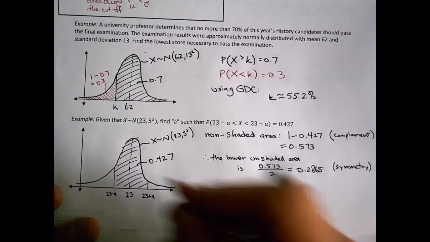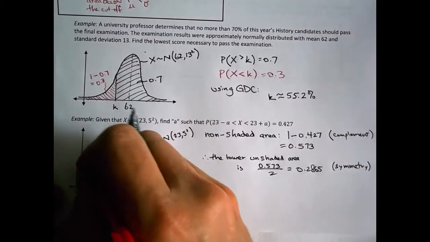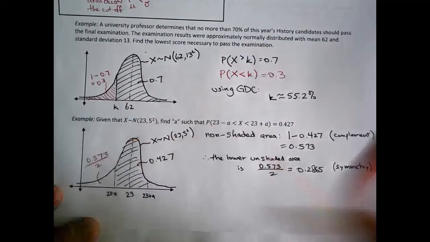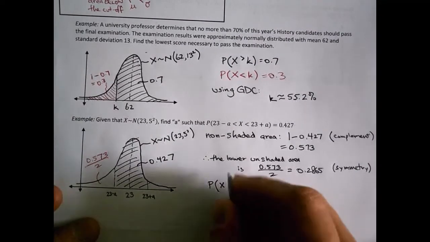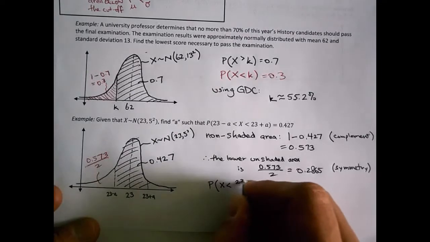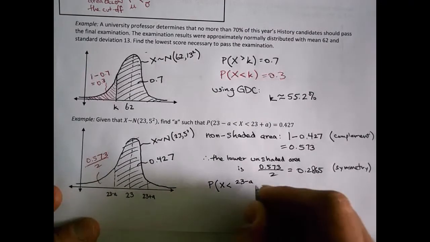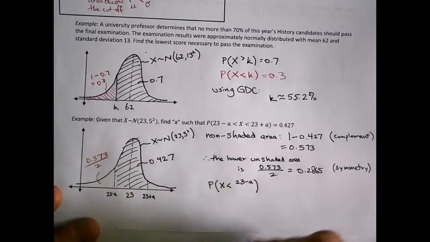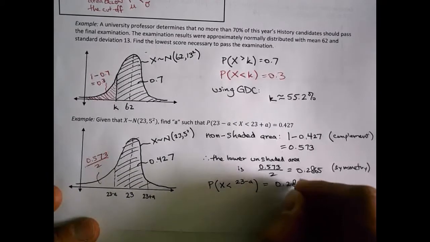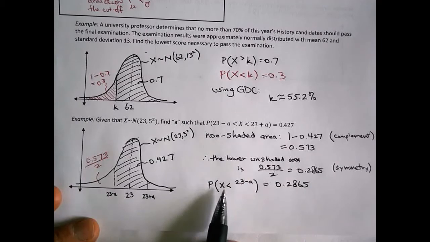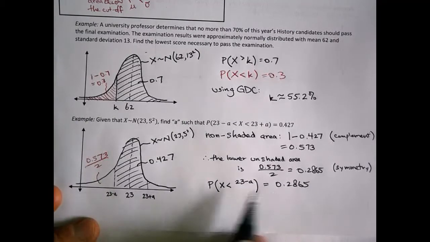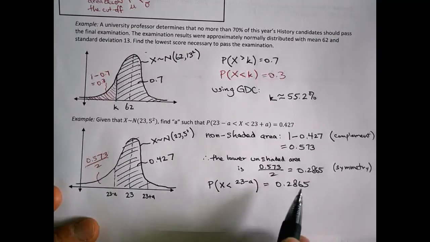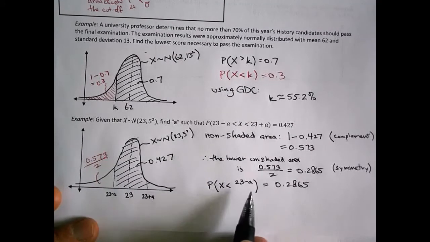So now the probability that x is less than this cutoff, 23 minus a, is 0.2865. So if I know a percentage, I know the area, we have to work backwards using the inverse normal function.